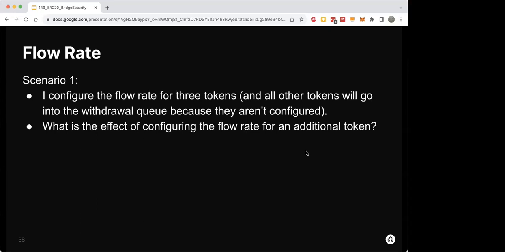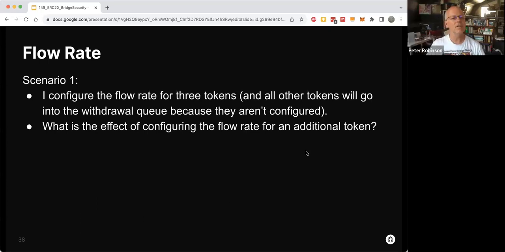I suppose I didn't have the concept that every single token would have the million IMX or whatever, because I thought when you configure one, you could decide whatever it is.